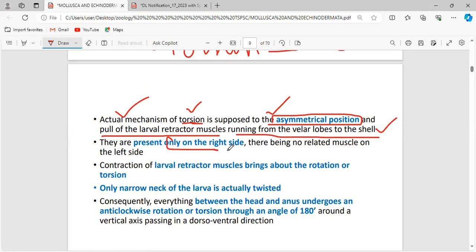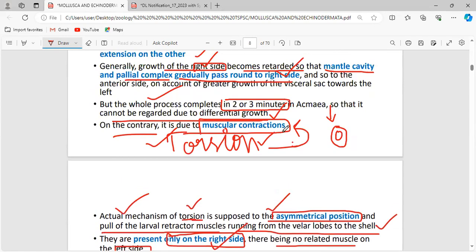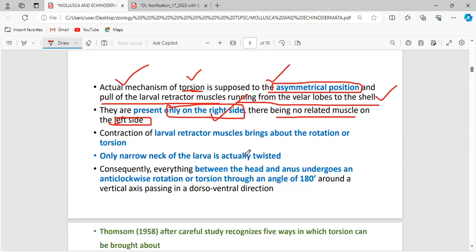They are present only at the right side, there being no related muscles on the left side. Only the right side will become active. So, as I said before, this is nothing but a muscular contraction. This contraction of the retractor muscles of the larva brings the rotation, or the torsion.